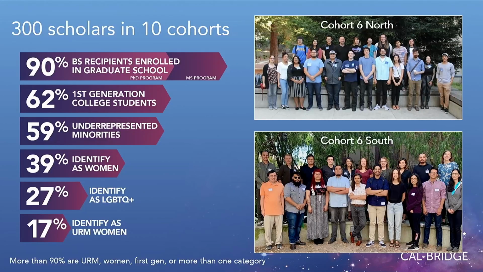Again, it's aimed primarily to increase the diversity in PhD programs. So far, there have been 10 cohorts of 300 scholars total. 90% ended up being enrolled in graduate school. 62% of these were first generation.